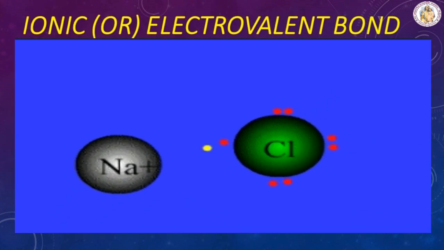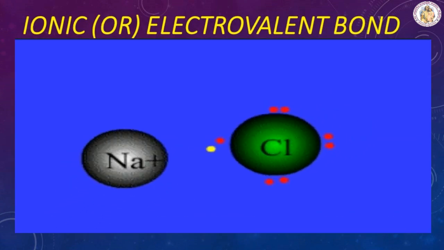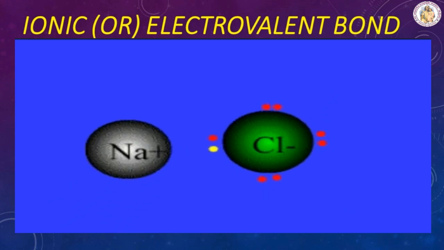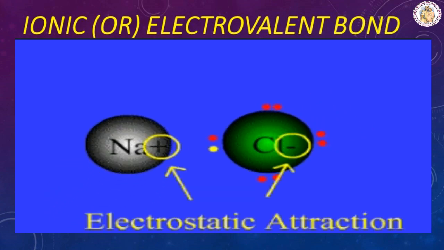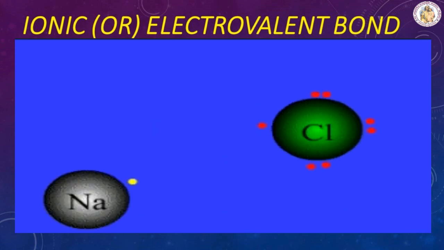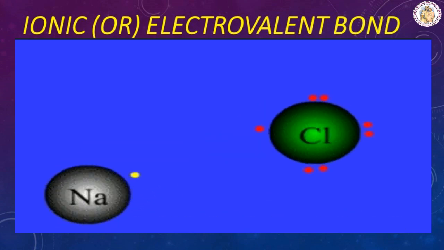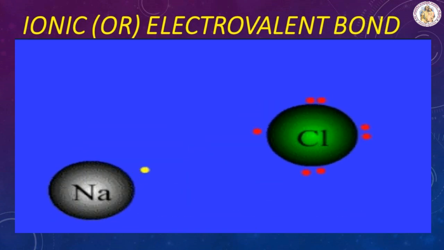Ionic or electrovalent bond. An ionic bond is a chemical bond formed by the electrostatic attraction between positive and negative ions, plus charge and minus charge. The bond is formed between two atoms when one or more electrons are transferred from the valency shell of one atom to the valency shell of the other atom.